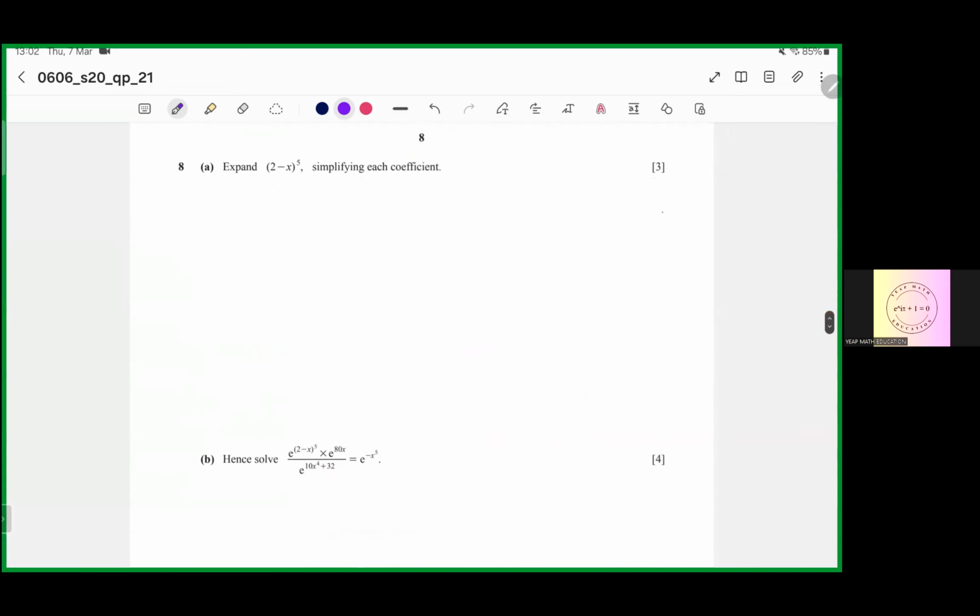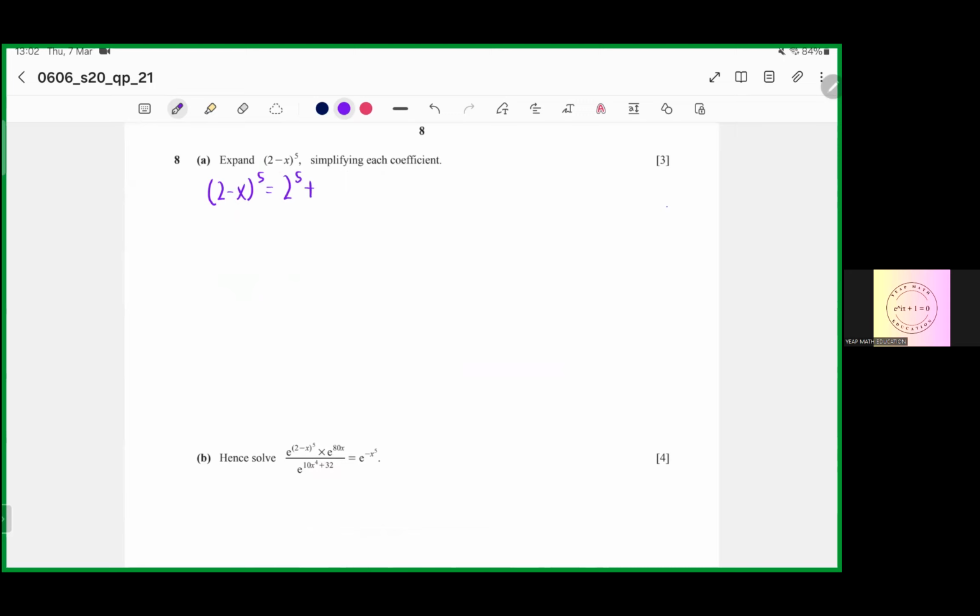Okay, now we look at question 8a. Expand the bracket (2 minus x) to the power of 5, simplifying each coefficient. Okay, now we can use the binomial theorem to expand for all the terms.